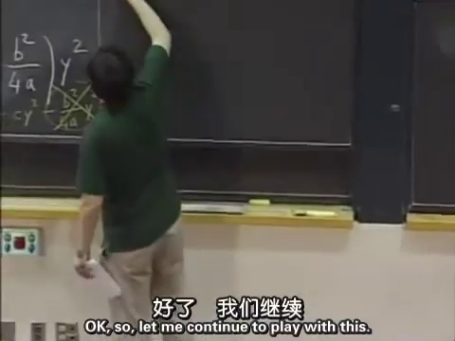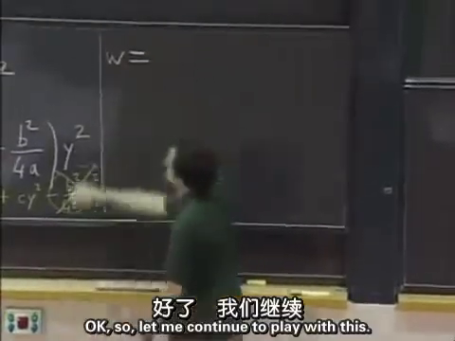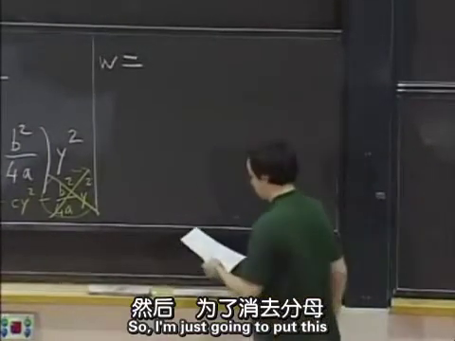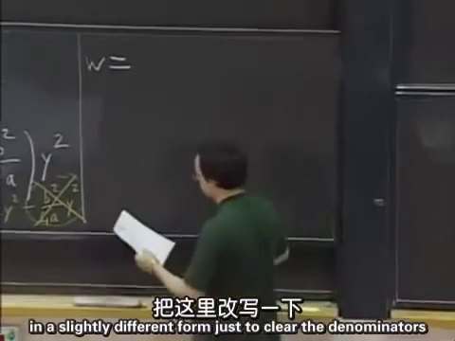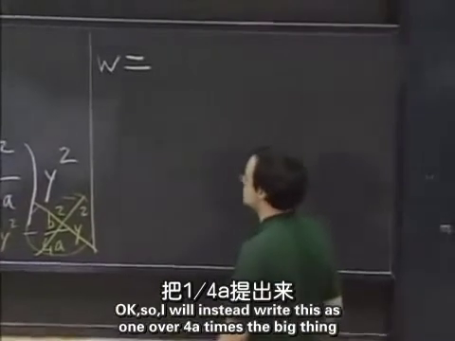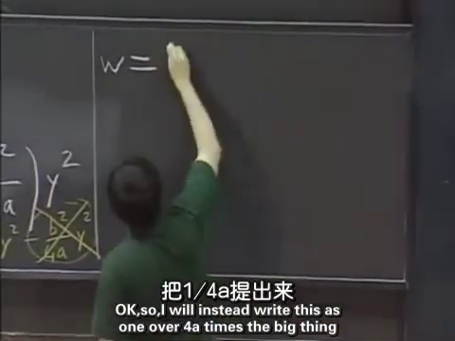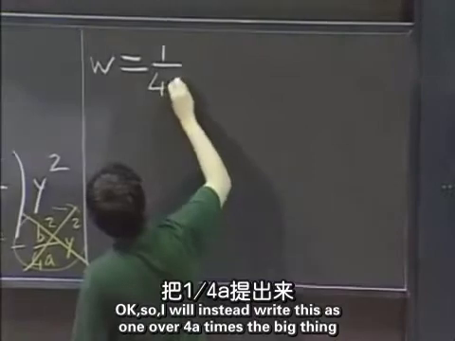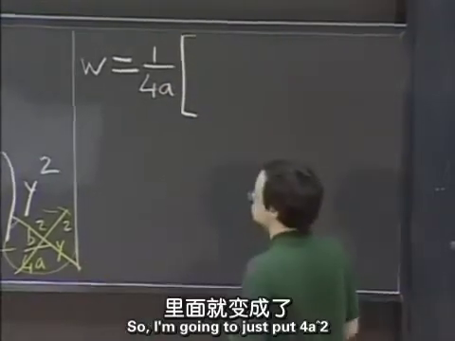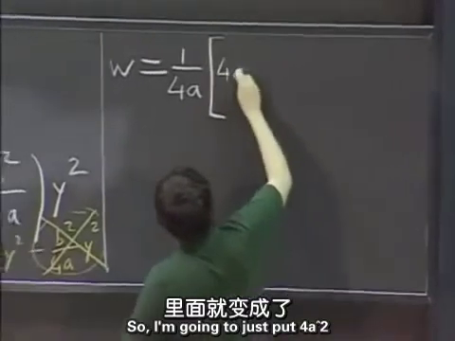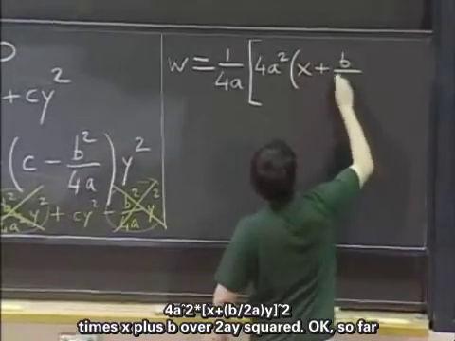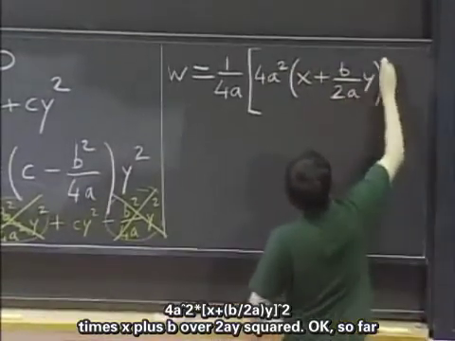Okay, so let me continue to play with this. I'm just going to put this in a slightly different form, just to clear the denominators. So I will instead write this as 1 over 4a times a big thing. So I'm going to put 4a squared times (x plus b over 2a y) squared.